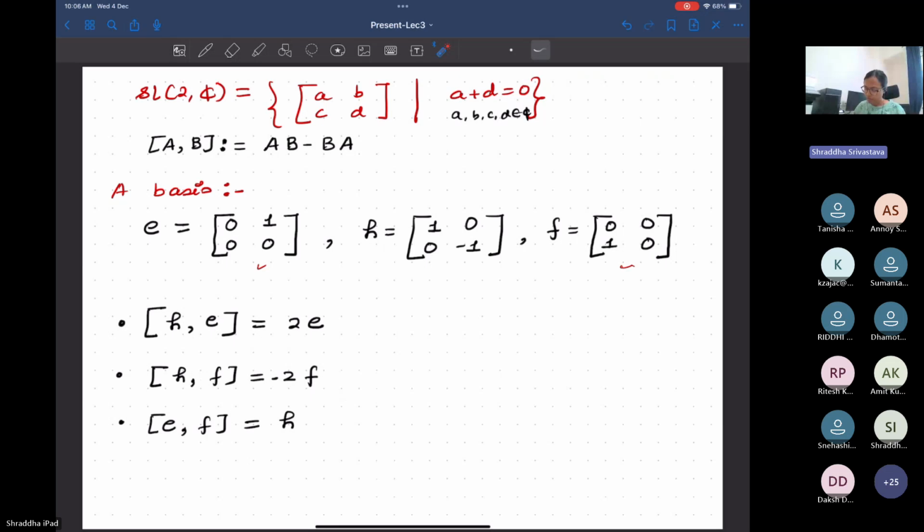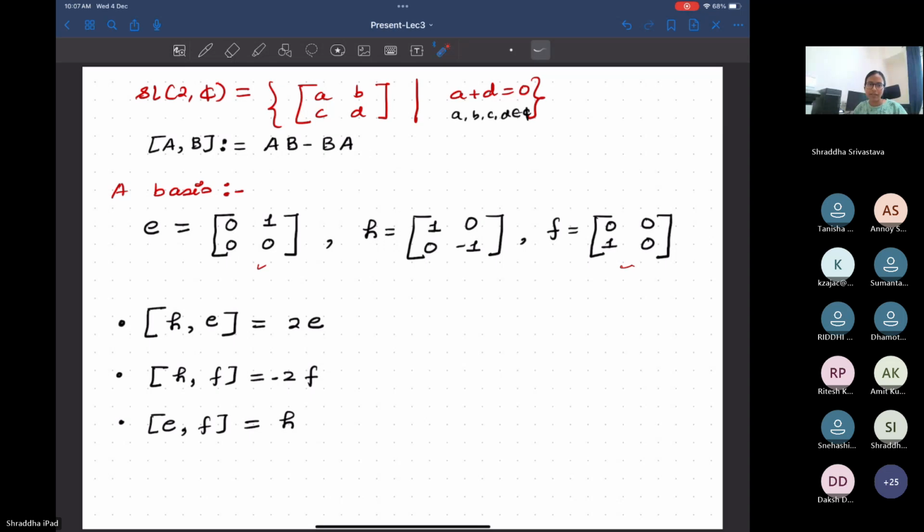Okay, so now let us move on to the representation theory part. One more thing before we move on: looking at these matrices E and F and H, can you say anything from linear algebra? Forget about the Lie algebra for the time being. As matrices, what result from linear algebra can you say about E, F, and H?